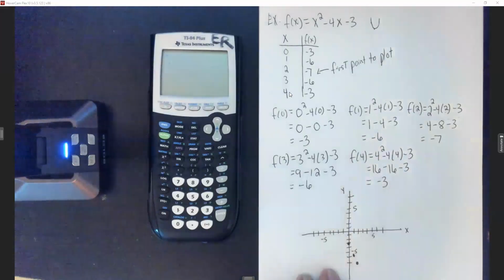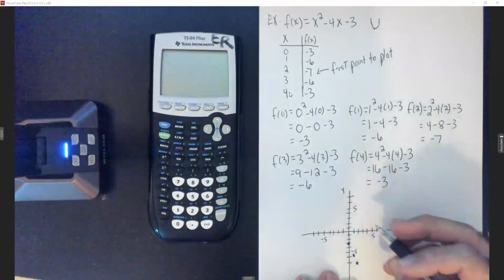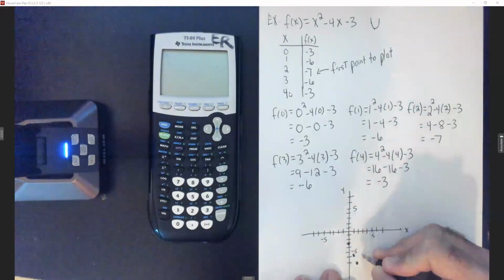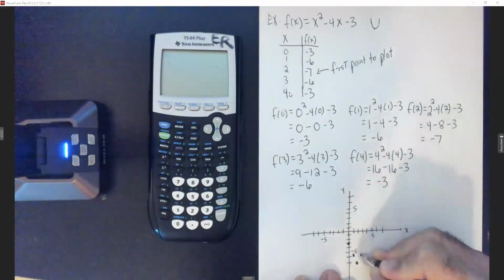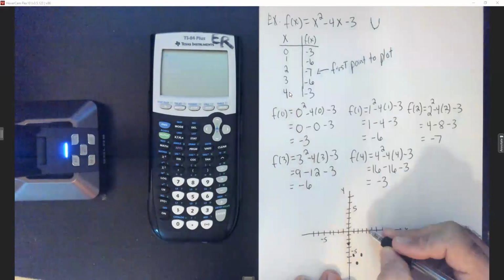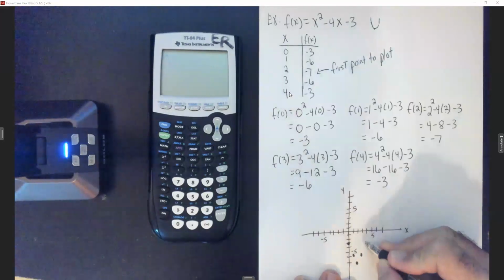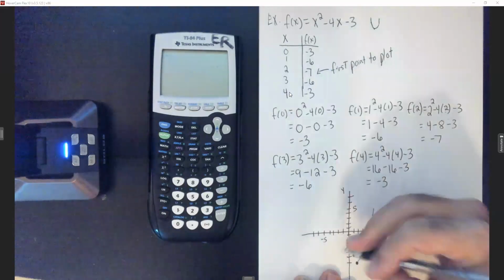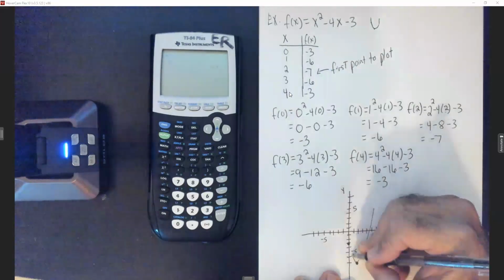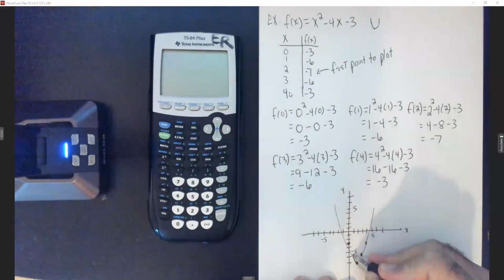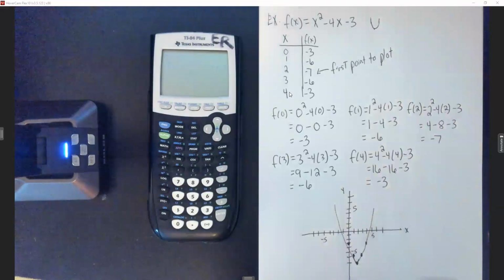And then it looks like it's going to start going back up. So here's 3, negative 6, and then here was 4, negative 3. So it should come up like that. Now it'll be more curvy, it's just because I'm drawing my points so close.